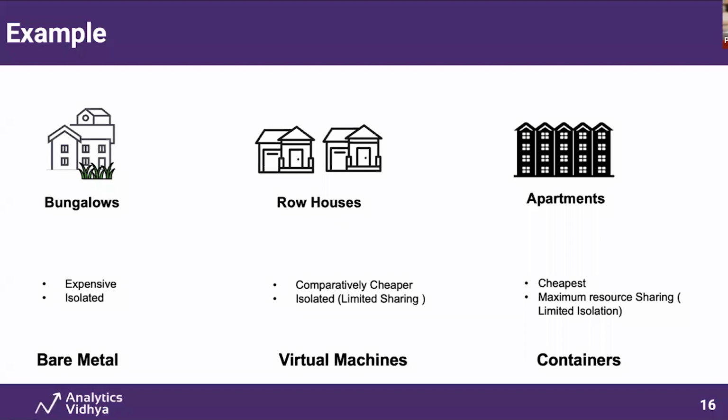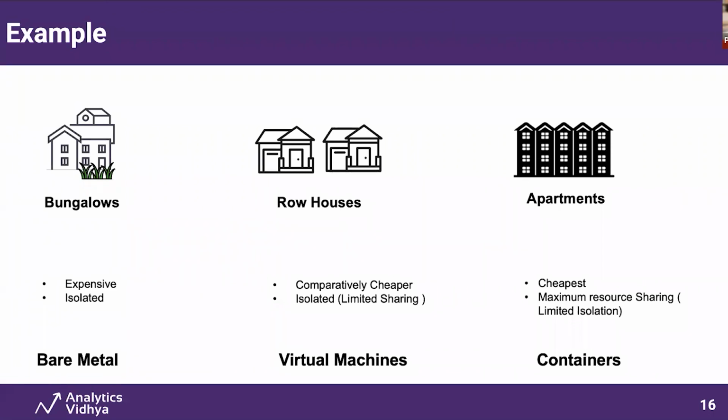Finally, the apartments, right? All the apartments are built on a single piece of land. So if there are 100 apartments, you have the same piece of land, which means the land itself is shared across the 100 flats. Then you have a common gas pipeline, the same gas connections, security, clubhouse, all of those are more shared. Now you share the floor also. On one floor, let's say there are 2 or 4 apartments, you're sharing the floor and the lobby also.